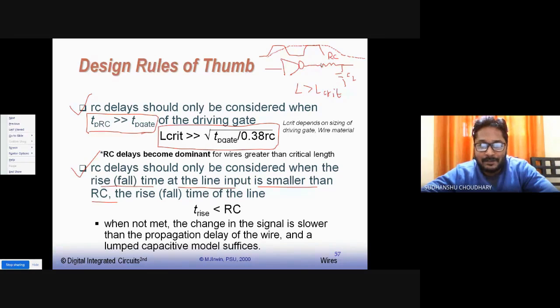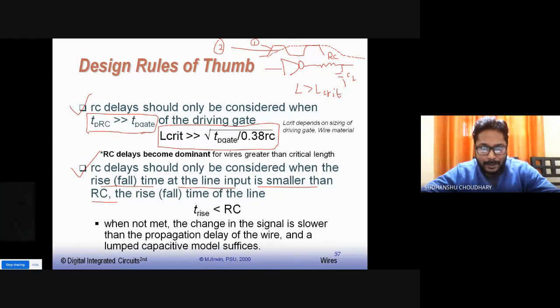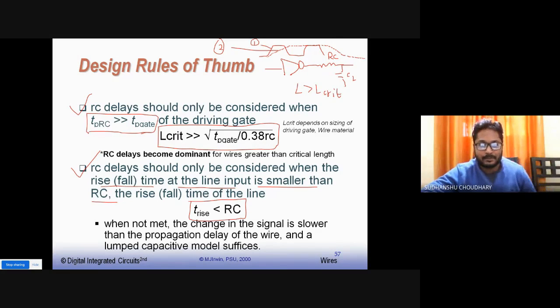Then in that case the resistance should be considered, RC delay should be considered. So when the rise time, T rise, is less than RC, then the resistance of the wire should be considered.